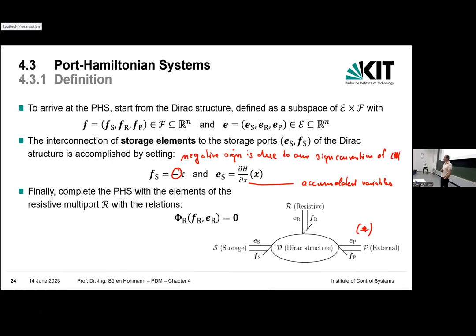This is not true because in chapter 2 we learned that this is true for some sort of storage elements, basically C-type storages, where if we derive the stored energy with respect to one of the state variables, I get the effort variable. But this is not true for the other side of storage. There I get the flow variable based on the storage function.